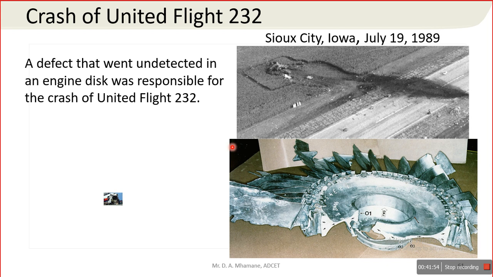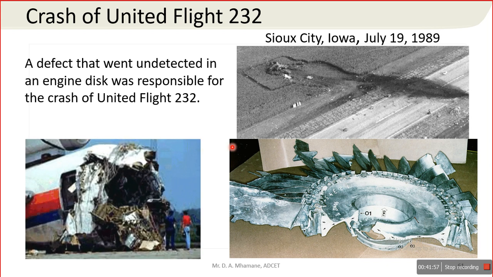Suppose there is a minor crack present in this jet engine component, it may cause huge damage. So this image shows the overview of damage. A defect that went undetected in an engine disk was responsible for the crash of United Flight 232.